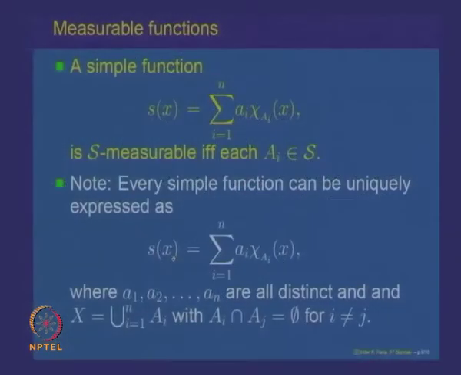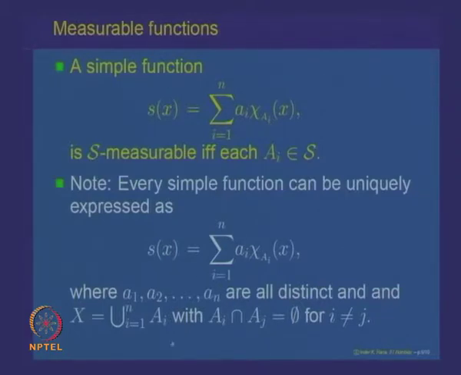As observed just now, given a simple function s, we can also represent it as the summation of a_i times the indicator function of A_i, where all the a_i's are distinct and these capital A_i's are disjoint. Because if sets are not disjoint, we can put them together.